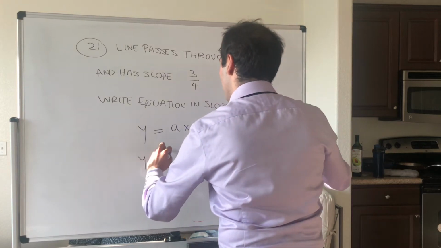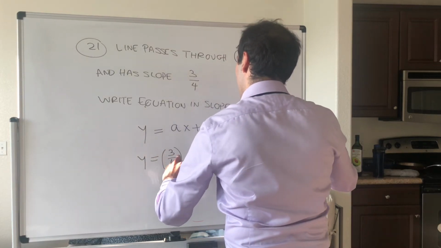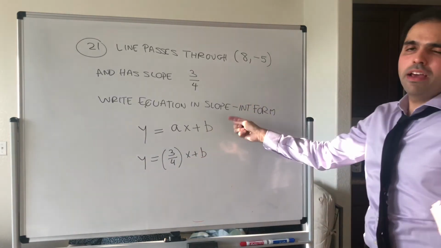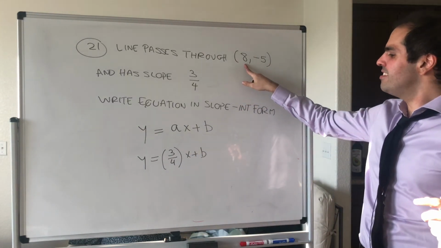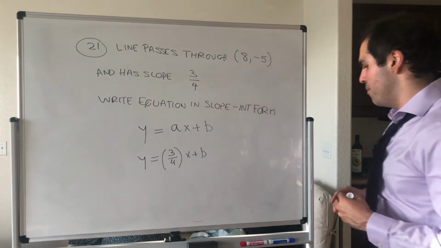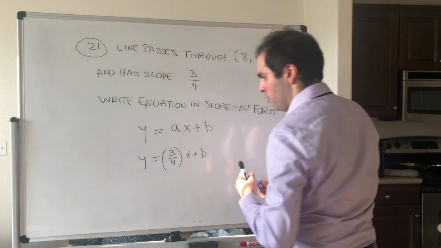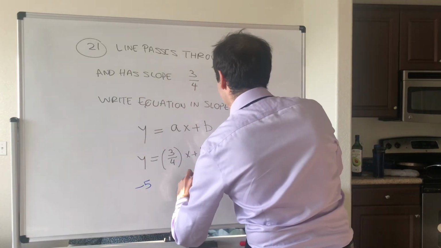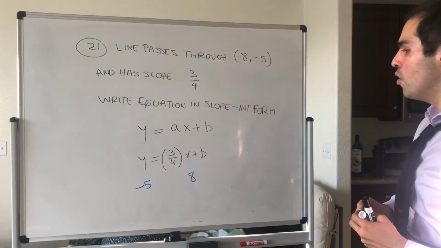So y equals 3/4 x plus b. And again, many ways of doing this, but in my opinion, the easiest way is just plug in 8 for x and minus 5 for y. So that just means it goes through that line.